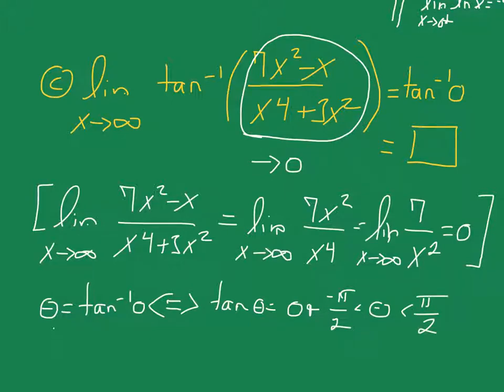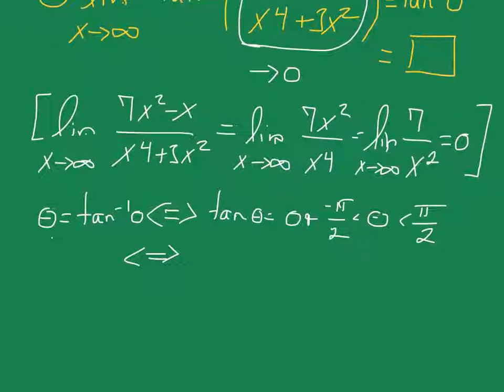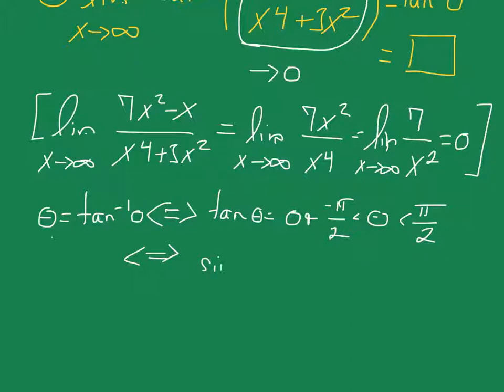All right, well, that's the same as saying that sine theta over cos theta is 0, and theta is between pi by 2 and minus pi by 2.